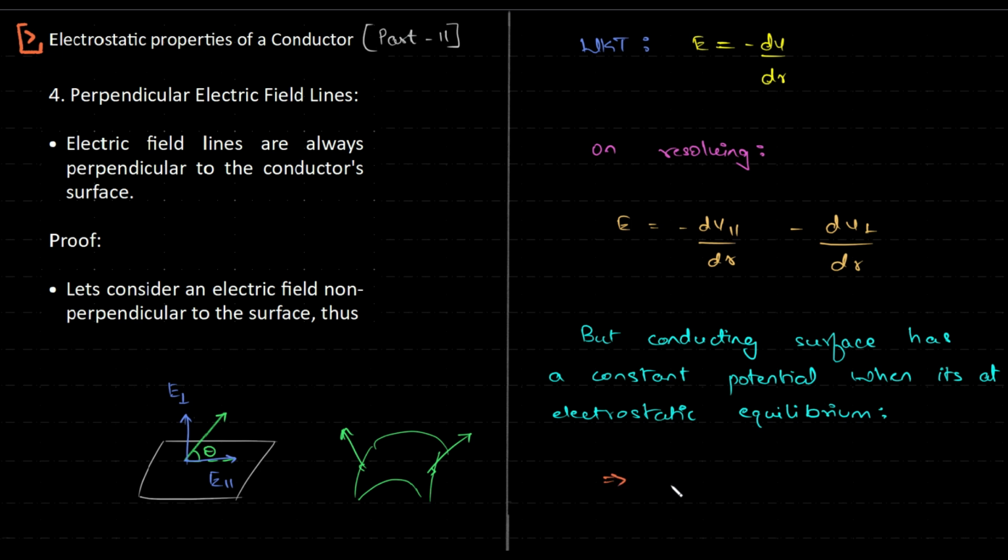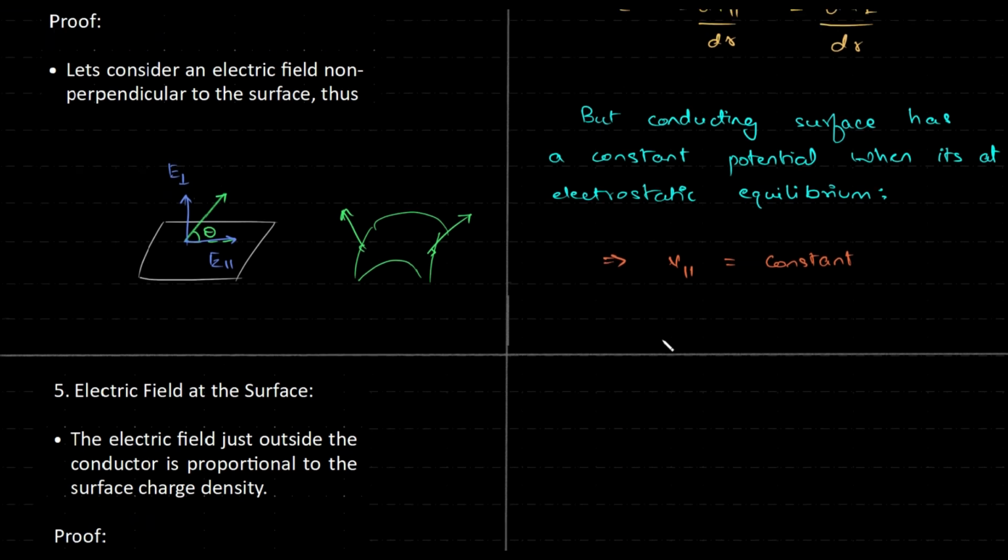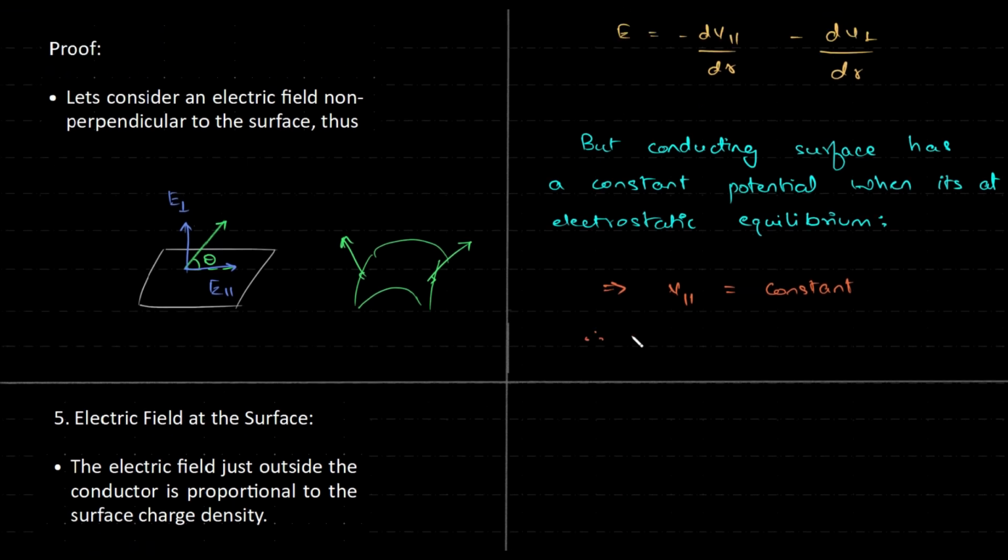This implies V parallel in our case is equal to a constant, and therefore this component will be equal to 0, and E will be equal to only the perpendicular part.